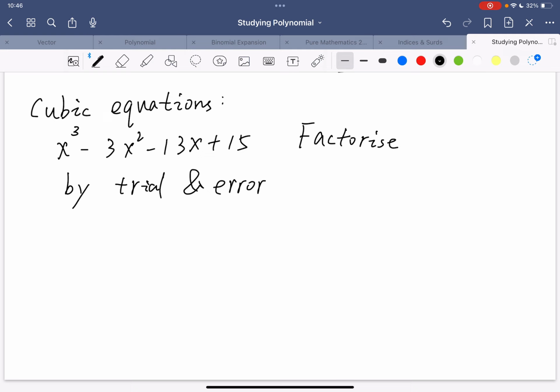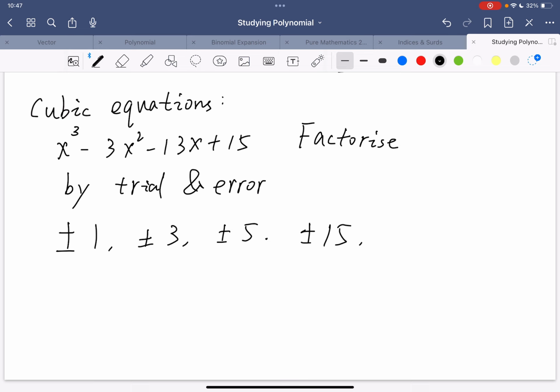What are the factors of the constant term? There are positive or negative 1, positive or negative 3, positive or negative 5, positive or negative 15. Is that all? No, we should not stop here.